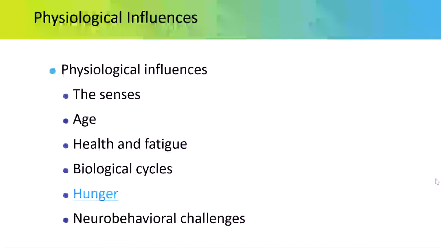People who are ADHD, or I think we just call it ADD now, are unable to filter out, so they're selecting everything, which makes organization a lot harder. So if you're interacting with someone with any kind of a neurobehavioral challenge, you should take that into account before you jump to conclusions or make judgments.